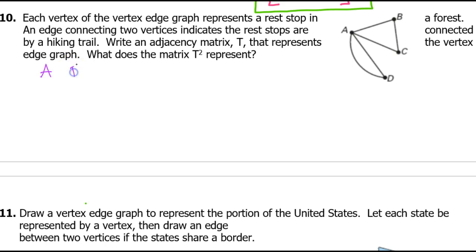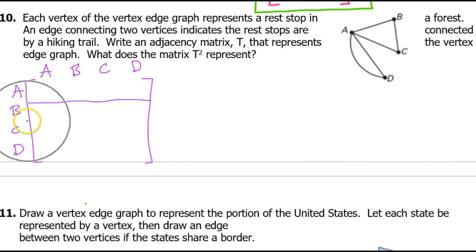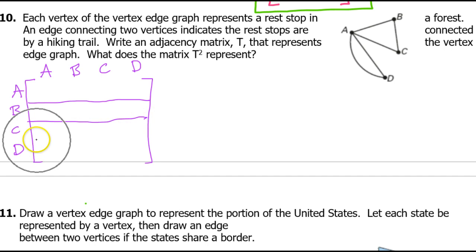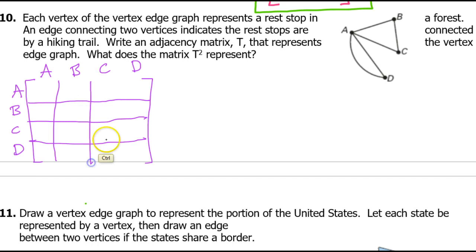Okay, so I got A, B, C, and D, and then I have A, B, C, and D. So here I'm setting up my adjacency matrix. I'll put some lines on here just to try to keep it organized. That's a little crooked, but whatever.